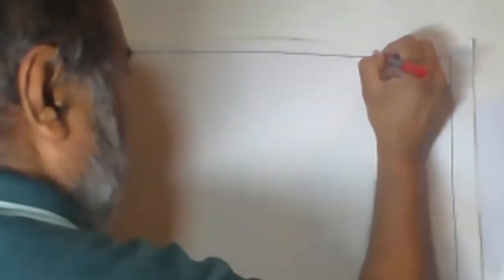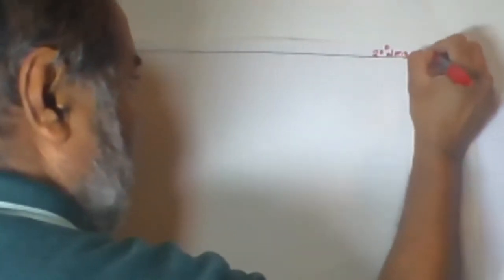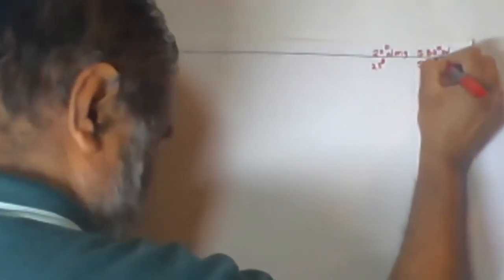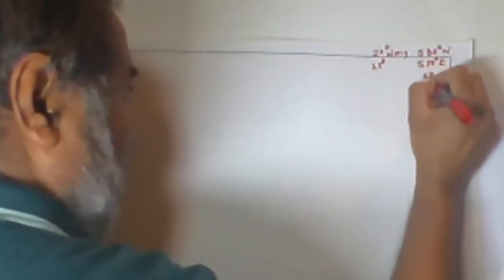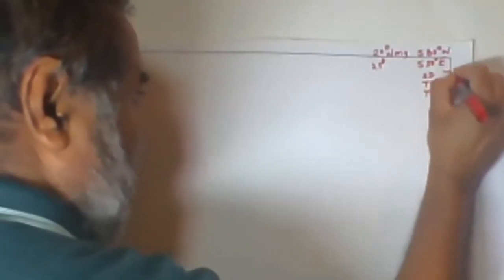The shale bed is dipping 20 degrees along south 30 degrees west, and 25 degrees along south 50 degrees east. Find the strike direction, true dip direction, and true dip amount. So these three we have to find out.